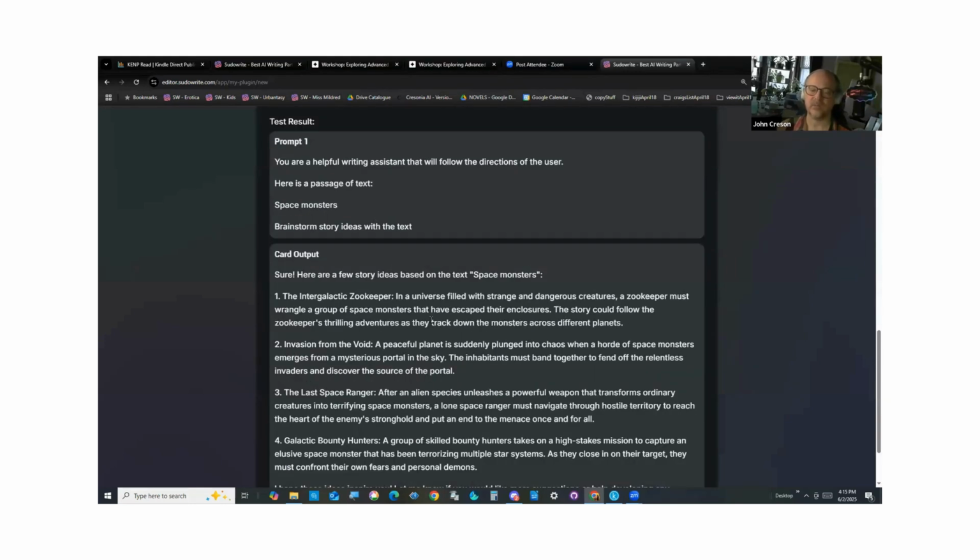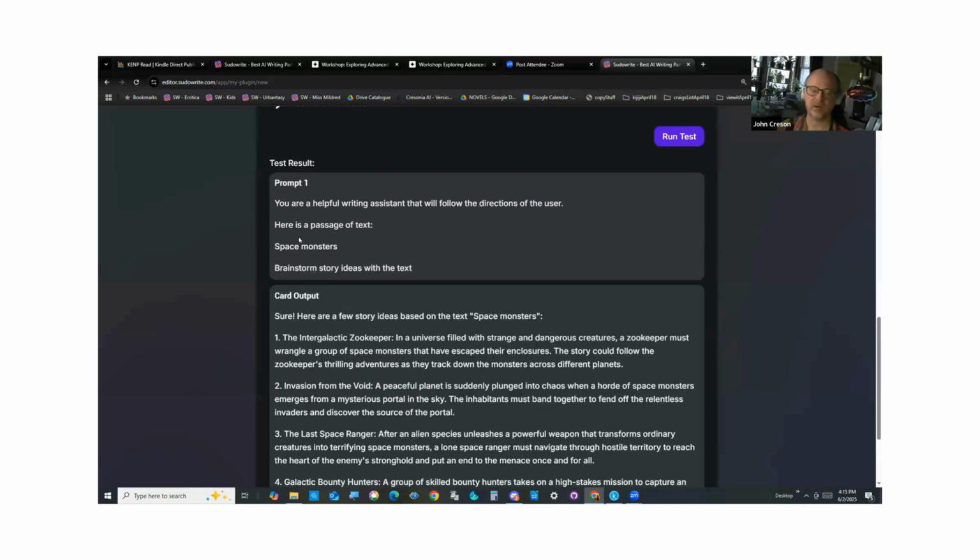And so what I'm trying to point out is this part is the part that you don't see when you run a plugin from within Sudowrite. And this is the magic part that will give you insight into what Sudowrite is doing for you as a framework.